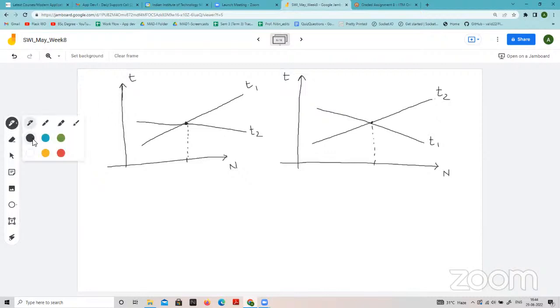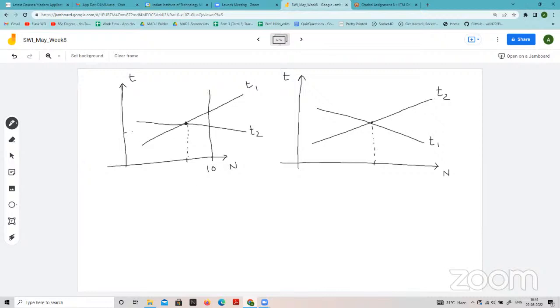Let me take the pen. If this is the 10, what is happening at 10? When n equals 10, my T2 is less than T1, right?